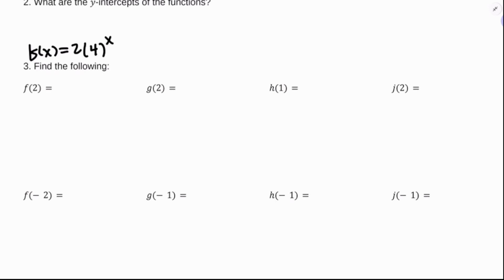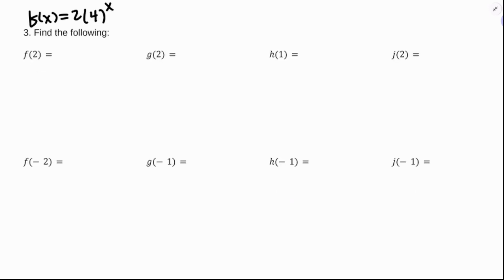Okay, so f of 2: wherever I see x in the equation for f, I'm going to replace it with 2. So 2 times 4 to the second power, exponent before multiplication, 16 times 2 is equal to 32.